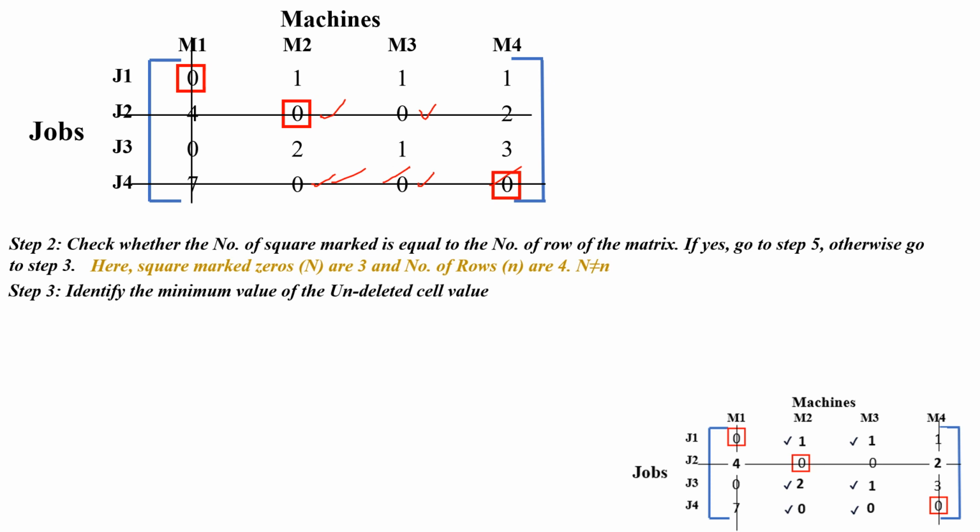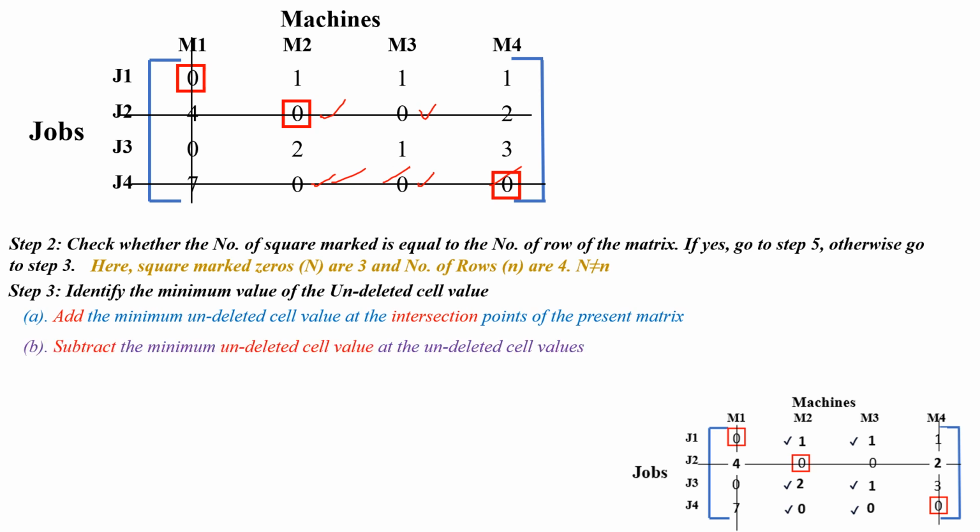Step 3 is to identify the minimum value of the undeleted cell values. After that, add the minimum undeleted cell value at the intersection points of the present matrix and subtract the minimum undeleted cell value from the undeleted cell values, and the remaining values stay the same.